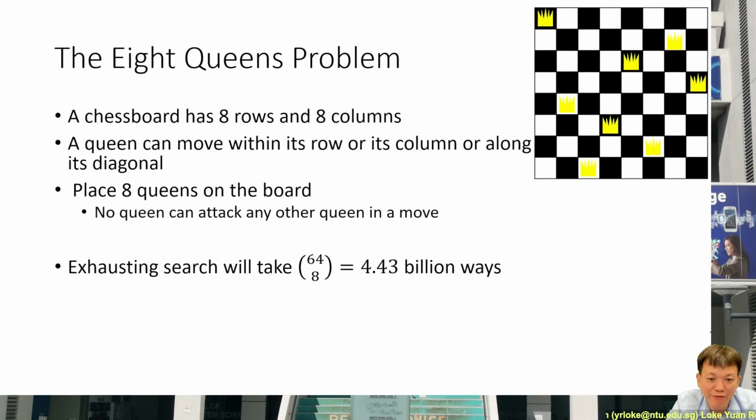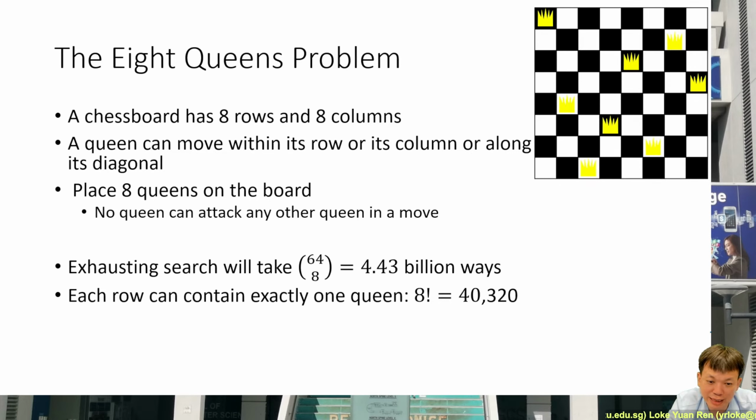There are 4.43 billion ways for 8 queens only. Then a smarter one is, if you know that each row can only have 1 queen, you can reduce to 8 factorial. Because in each row, you can only put 1 queen, either in the first place, second, third, fourth, fifth, sixth, seventh, or the 8th, the last position. So you get 8 factorial.